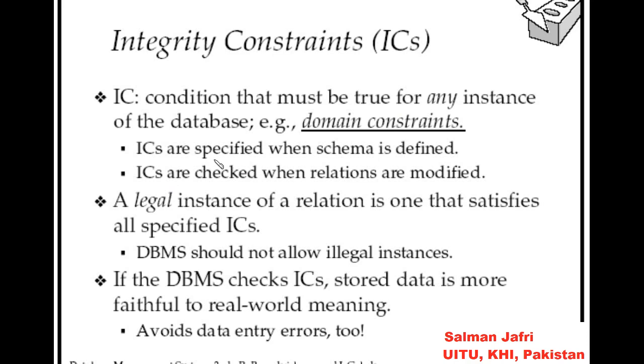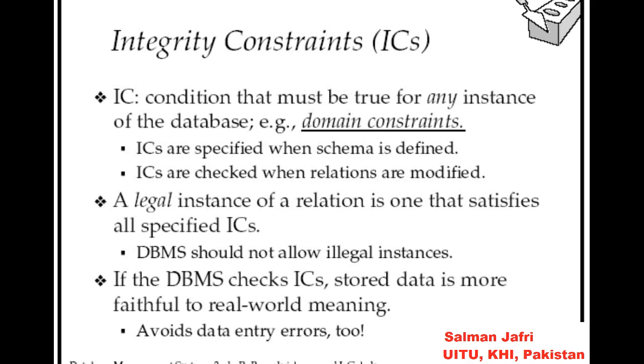Integrity constraints are specified when the schema is defined, and they are checked when relations are modified. For example, if a new row is added, the integrity constraints would be checked, and if the new row is okay according to the integrity constraints, then only the new row would be inserted, not the other way around.